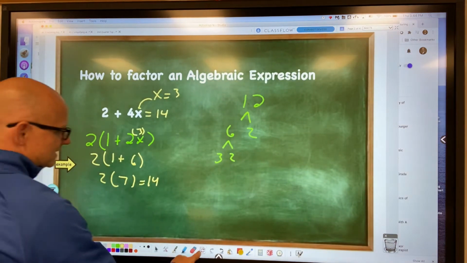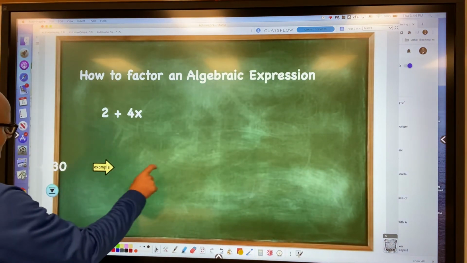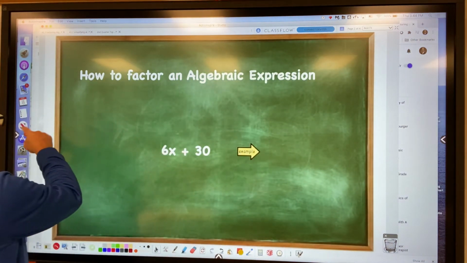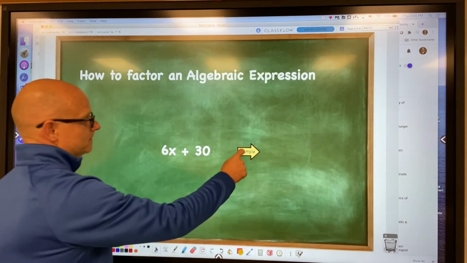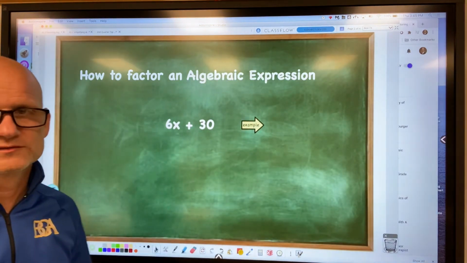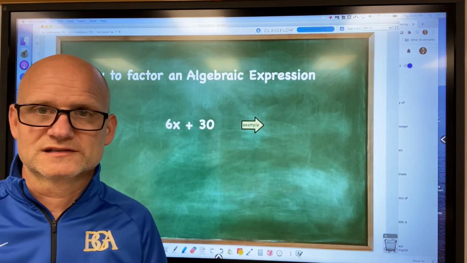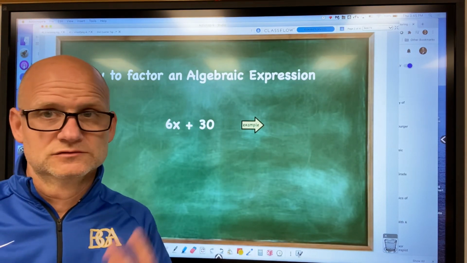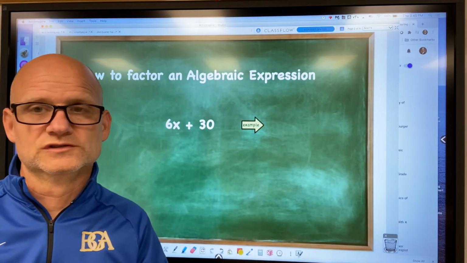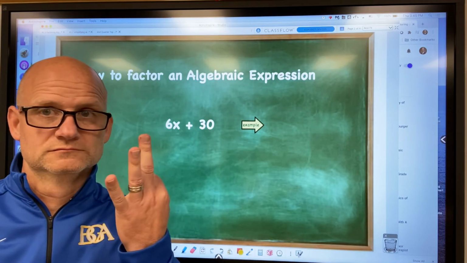So let's just try this again to make sure you understand this. So we're just, again, learning how to factor an algebraic expression. So here it says 6x plus 30. Again, what is a common factor of the 6 and the 30? You could say 2. You could say 3.